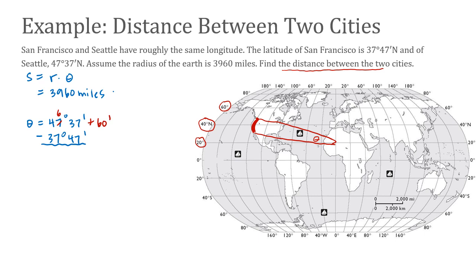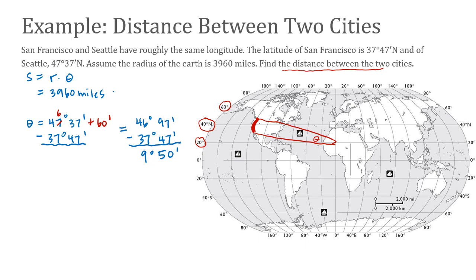Okay, so this becomes 46 degrees, 97 minutes, minus 37 degrees, 47 minutes. So that subtraction gets me 9 degrees and 50 minutes. Okay, so now I know the angle between the two cities.